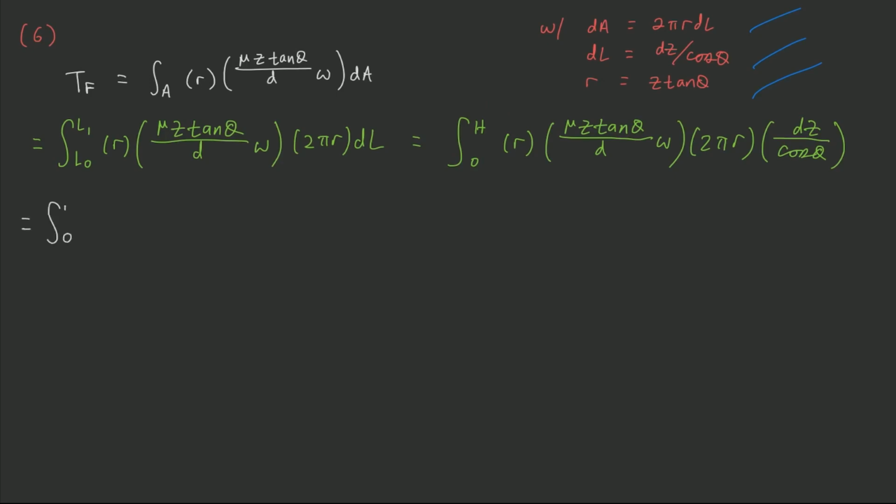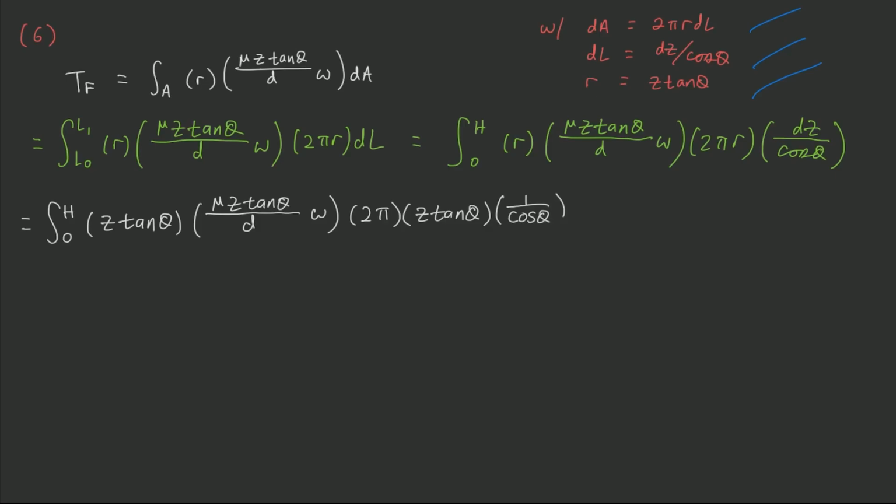Integral from 0 to h of r, which is z tangent theta, and then mu z tangent theta over d omega, 2 pi r, again, which is z tangent theta, and then we have 1 over cosine of theta dz. Now we're going to note that we have a lot of constants here.